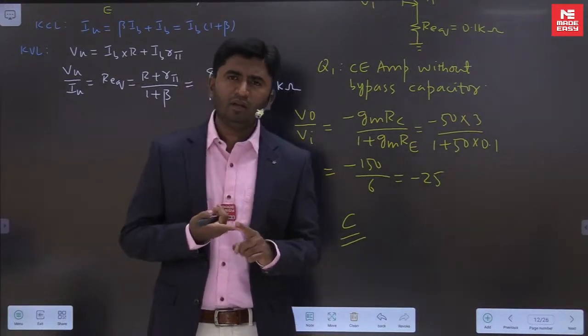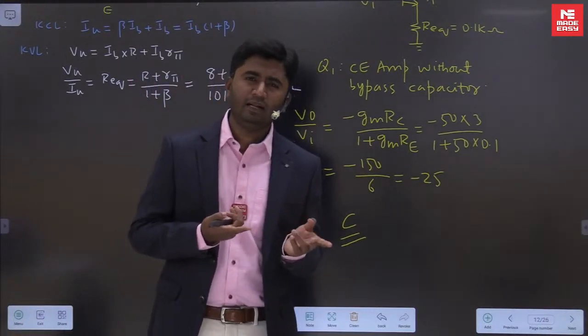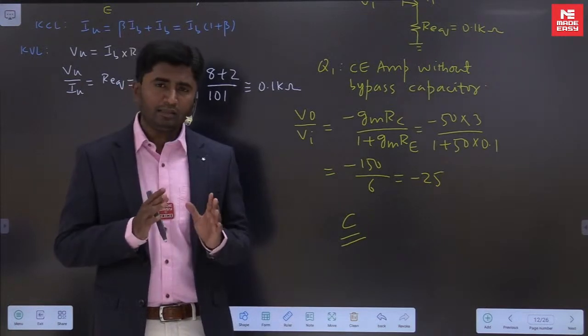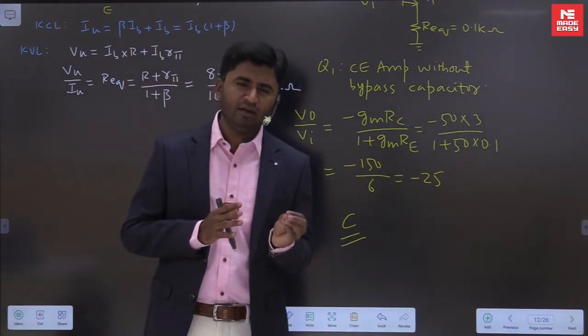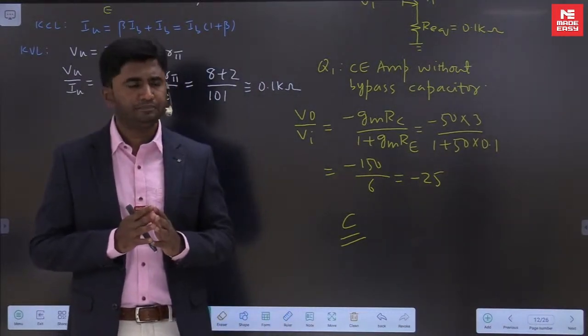Sometimes a transistor will be replaced with equivalent resistance, or in MOSFET amplifiers we replace the MOSFET with an equivalent resistance. Okay, it is an important type of question. Questions based on amplifiers in which a transistor is replaced with some equivalent resistance.